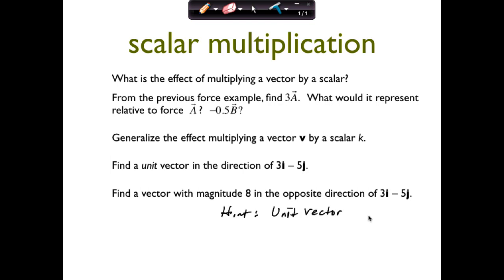But we've got to go on. That's an important skill to be able to do, right? This one has square root of 34. How would I have it in the opposite direction and scale it to magnitude 8? We can think about that.